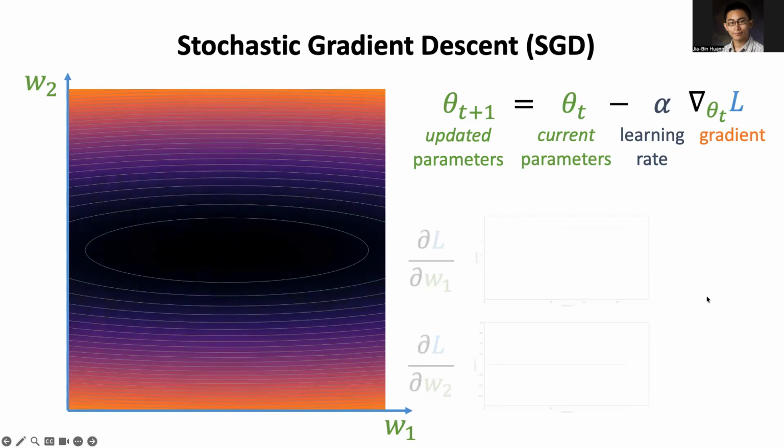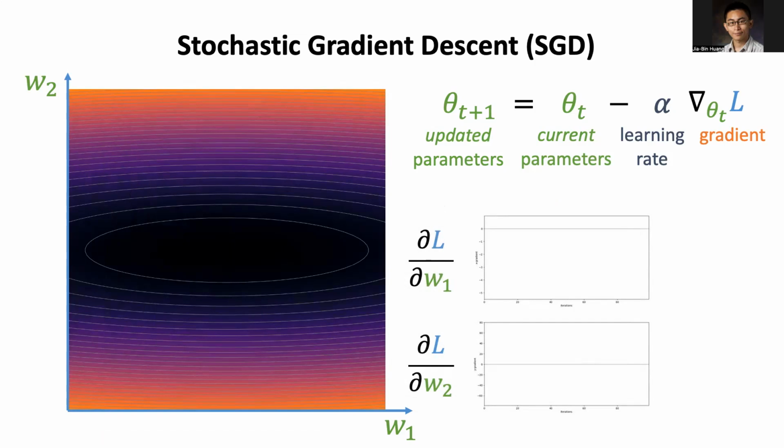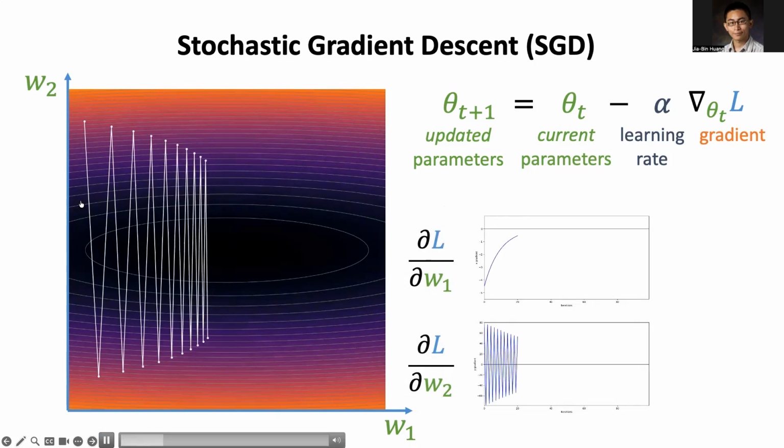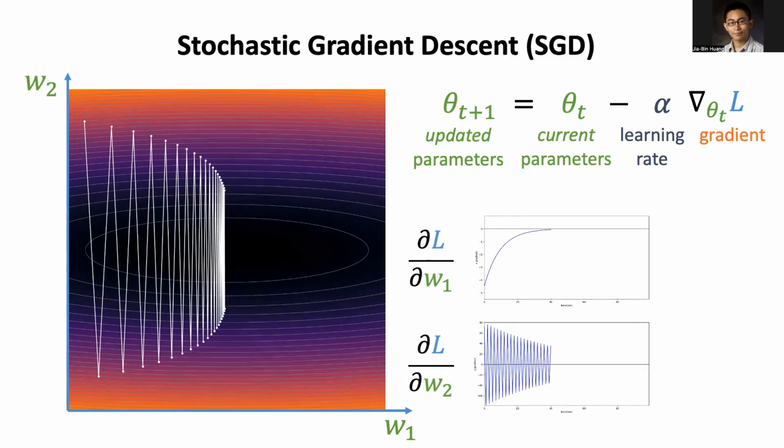I'm going to plot the gradient of the loss with respect to W1, and the gradient of the loss with respect to W2. Basically, it says that if I change W1 a little bit, what would the loss look like. You can see that for W1, it looks like this.